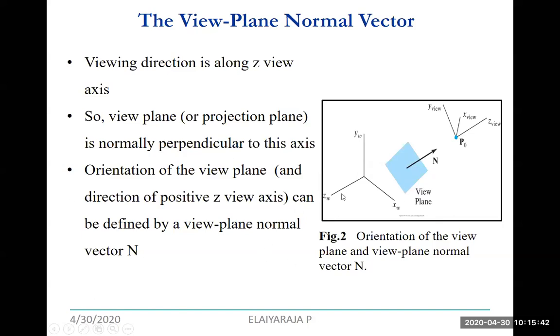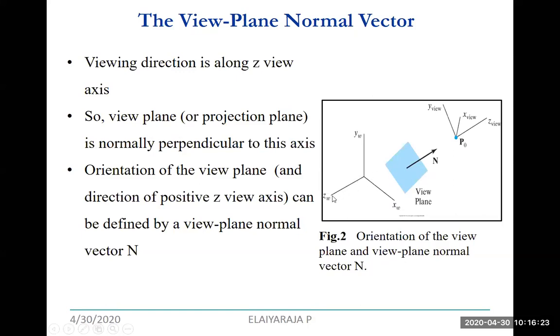Here we look through z view on the xy plane. This viewing plane is normally perpendicular to the axis, meaning your x and y values do not change. If your viewing plane is z, then your x, y values are unchanged and the z value is going to be 0.